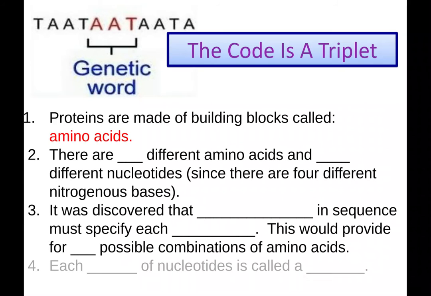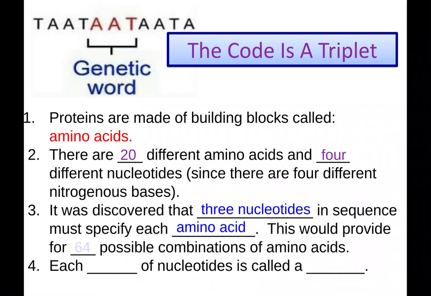When we're looking at this code, it's going to be read in sets of three, which are called codons. So the proteins are going to be made from amino acids, and those amino acids are going to be determined by the sets of three. And there are 20 different amino acids that we could get from the sets of three.